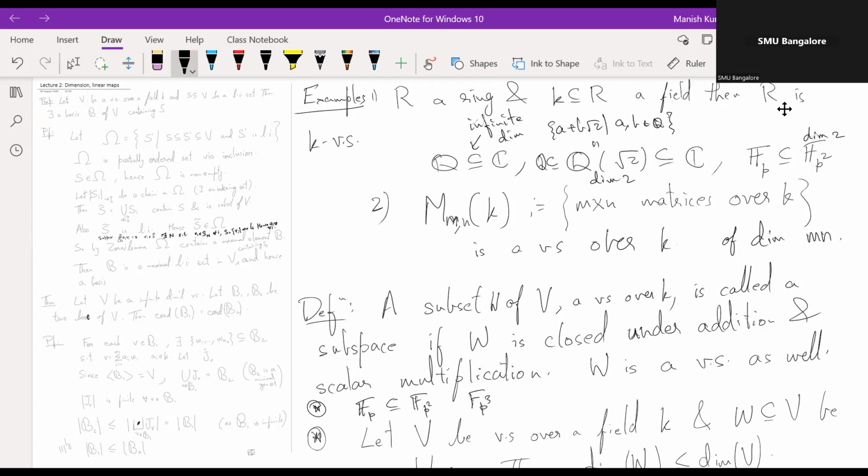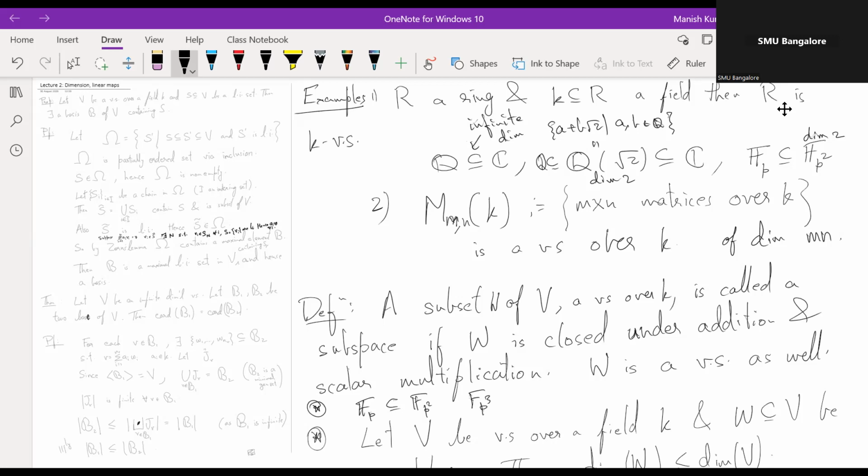But is FP square a subspace of FP cube? Do you know how to construct FP square from FP? Oh, okay. Then maybe it is not a fair question.